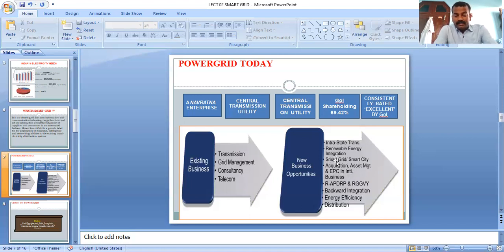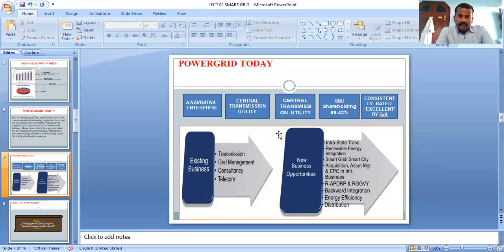Renewable energy integration is a new business opportunity for the power grid, and it's also a challenge for the grid to integrate renewable energy. For example, solar and wind energy, or tidal or ocean energy must be integrated using the power grid. Now, smart grid or smart city.